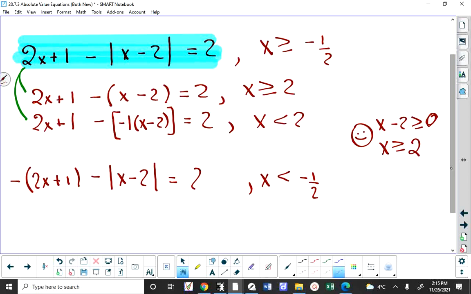Now, before we go on and do that here, look at this equation. You can solve this for x, okay? But there's conditions with x here. X must be less than 2, correct? But it must also be greater than negative 1/2, because both of these equations came from this bluely highlighted equation where x had to be greater than or equal to negative 1/2.